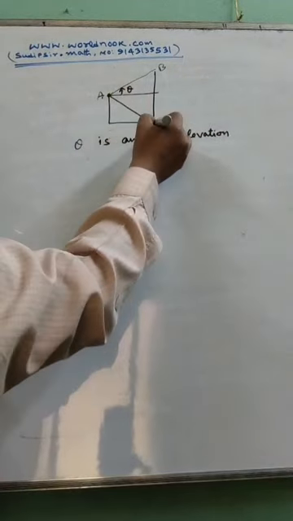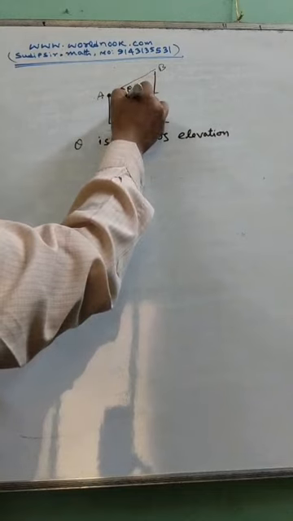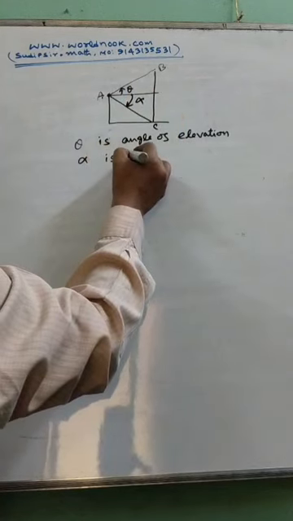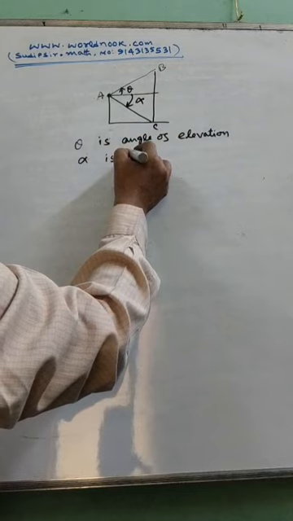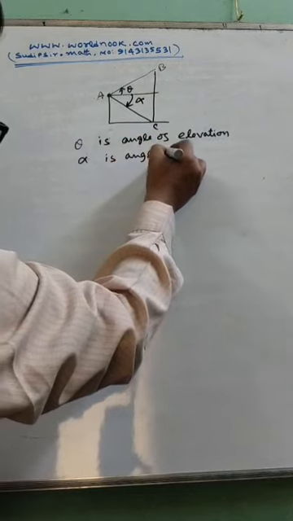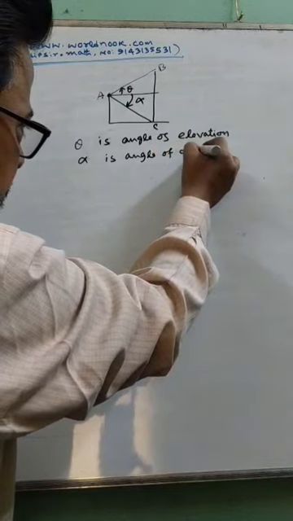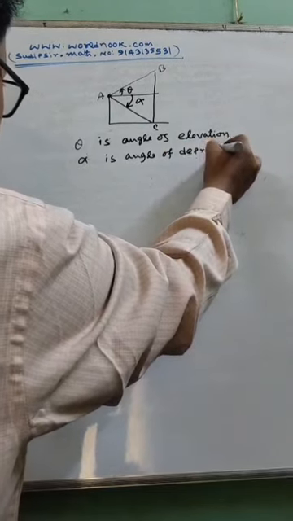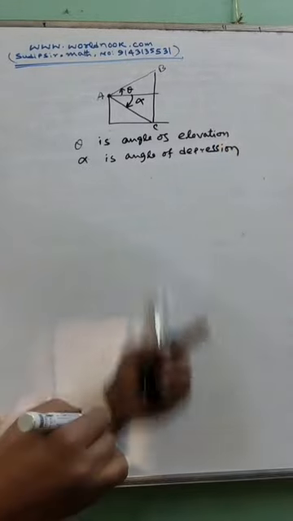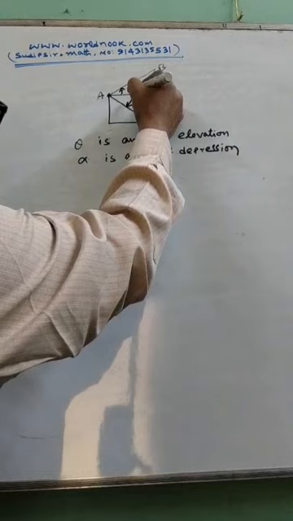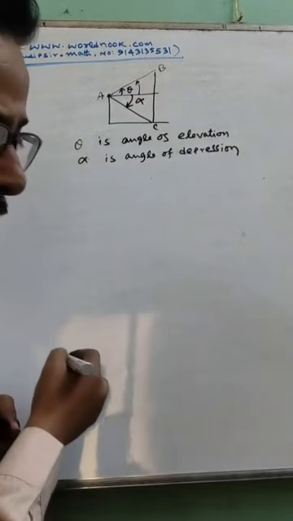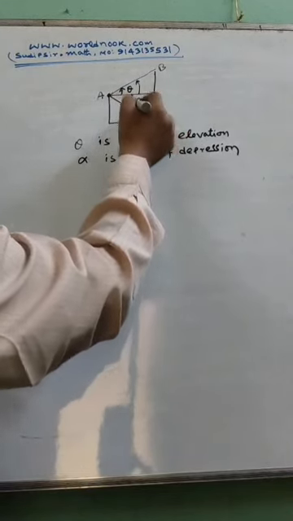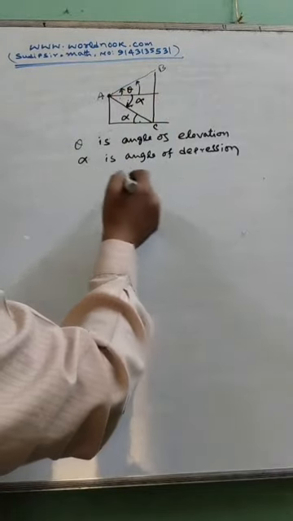And watching from A to C, that is downwards, say alpha. So alpha is the angle of depression. Downwards is the angle of depression, upward is the angle of elevation, we have to remember. And this same angle will be here, that is the alternate angle we can use.